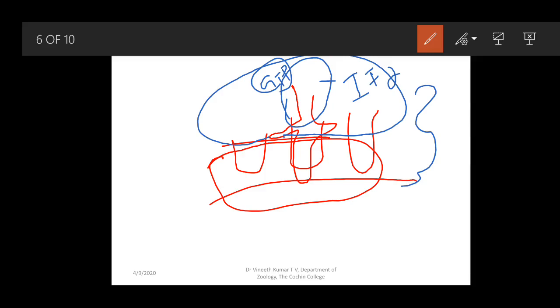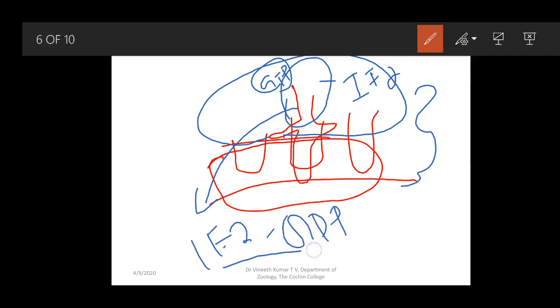As a result, because GTP is now used, IF2 GDP will leave the complex. So this is what is called the initiation complex.